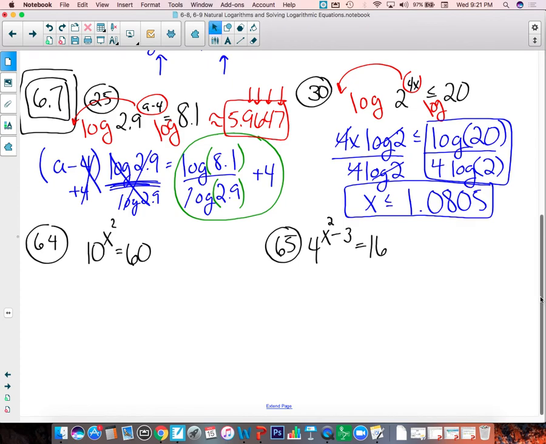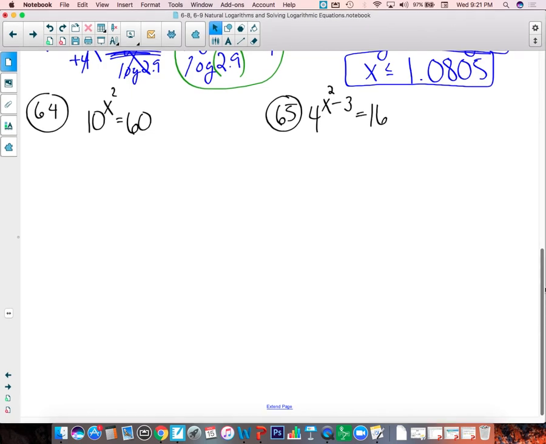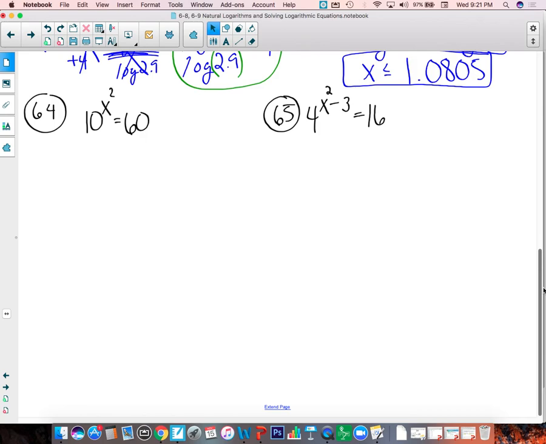Okay, a couple more. So these last two are pretty much the same as the things that we've just been doing here. All right, so we've got variables up in the exponents, log of both sides. You're going to have to do that over here also.